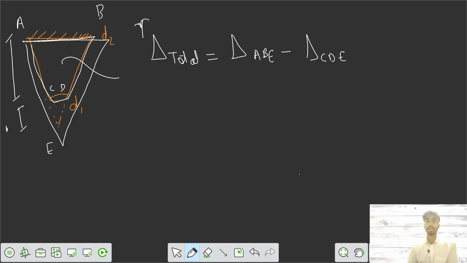That is the main critical point in this question: delta more. That we will see.